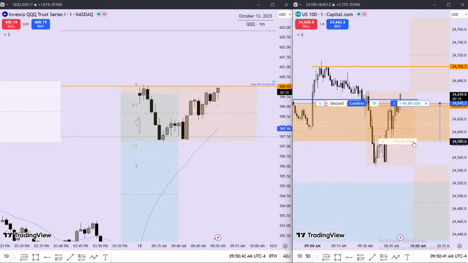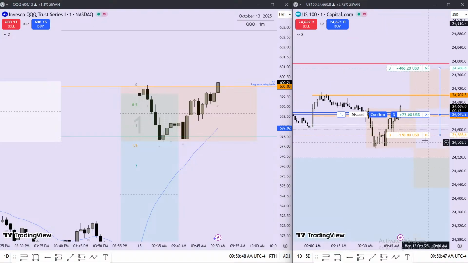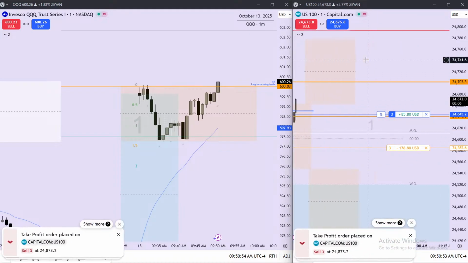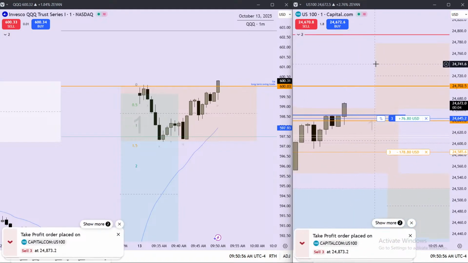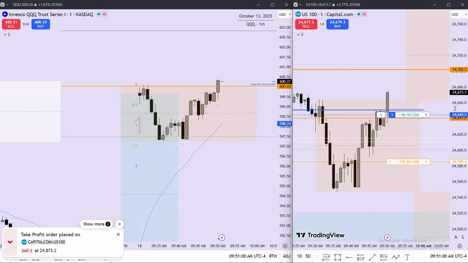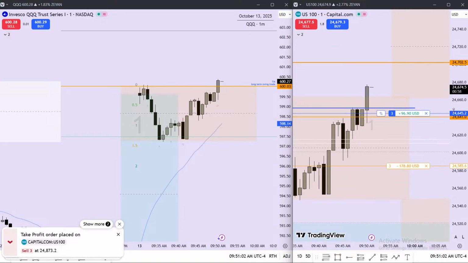To define my risk, this should be good. This trade should be good. So there are parts to this trade.